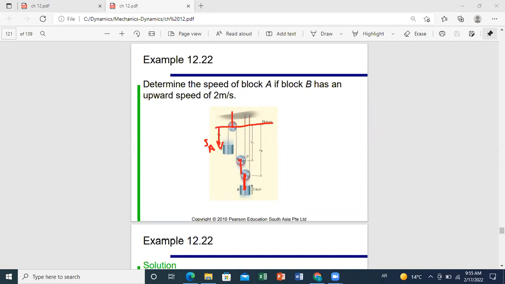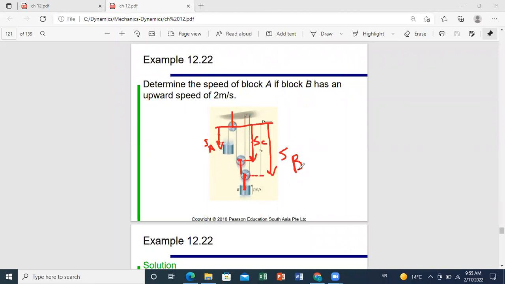This is why I will take for the center of pulley C a coordinate S of C, and I need for D or B one coordinate. In general, when the block and the pulley are moving together, you can take the coordinate to the center of the pulley. So this will represent motion of B. You can call it SB or SD.